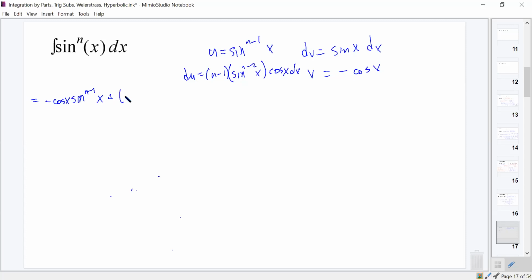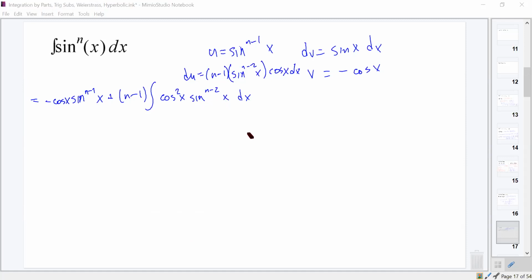So I'm going to put an n minus 1 out in front of my integral. And I'm going to be left with cosine squared x times sine to the n minus 2 of x dx. Everybody good with that so far? All right, cool.